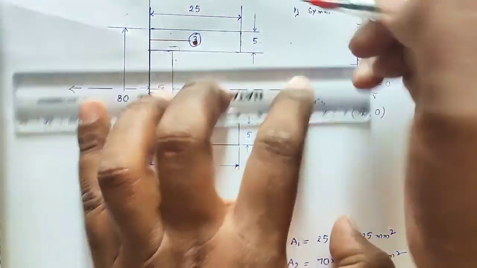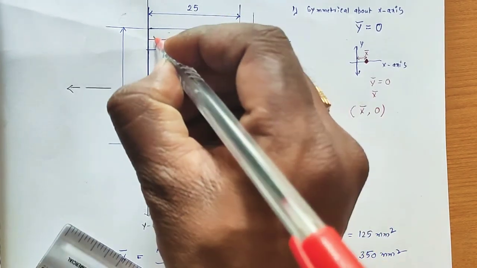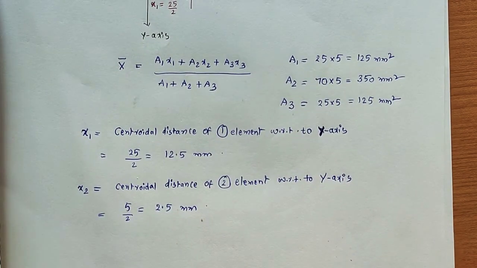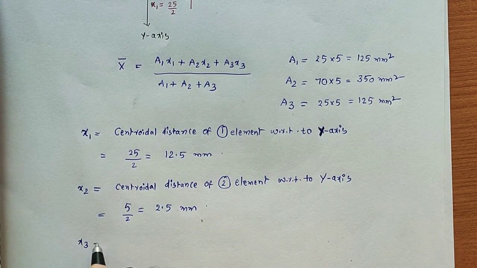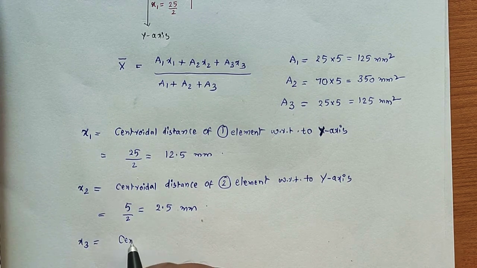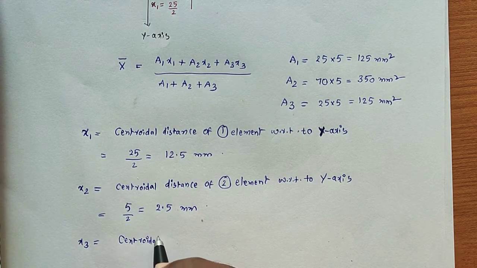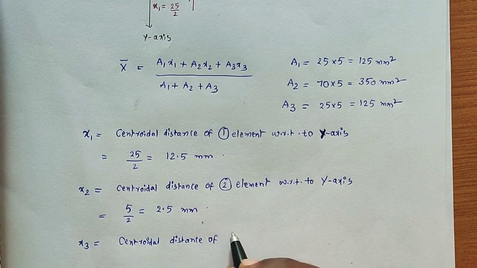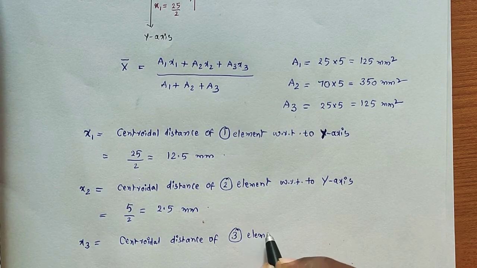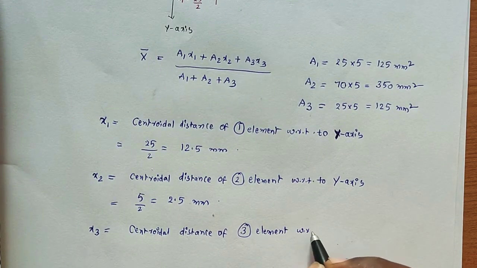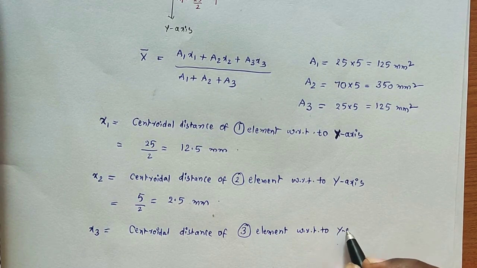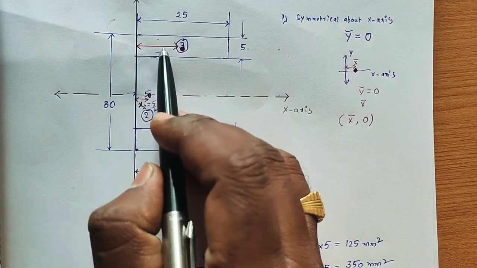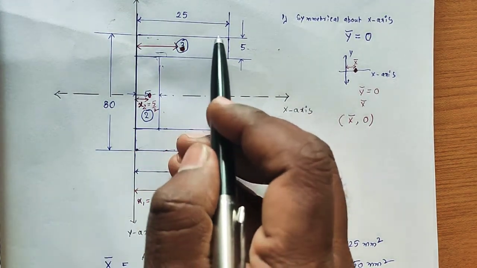With respect to the y-axis, x3 equals the centroidal distance of the third element with respect to the y-axis. From the y-axis, if you measure the centroidal distance, the total is 25.